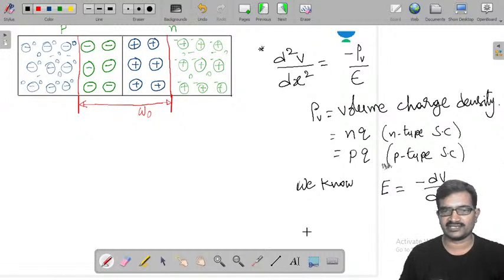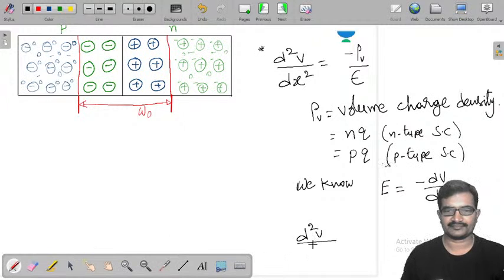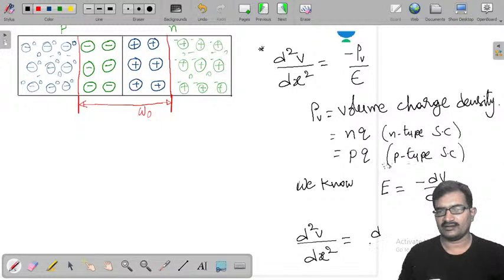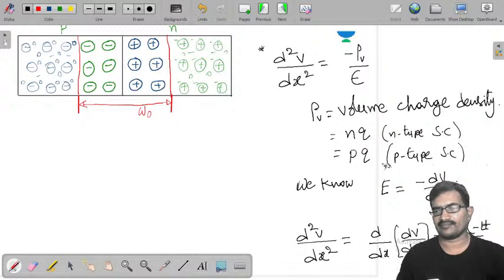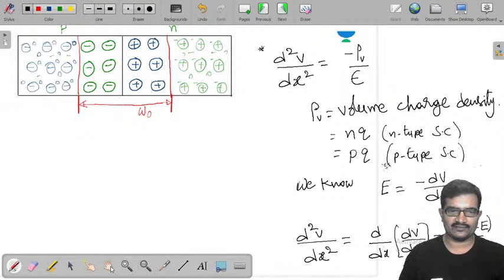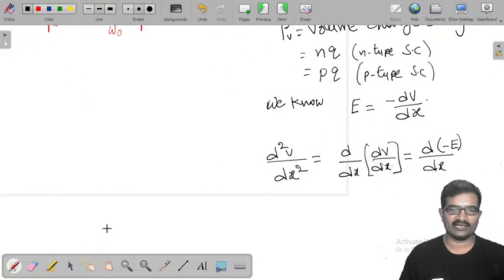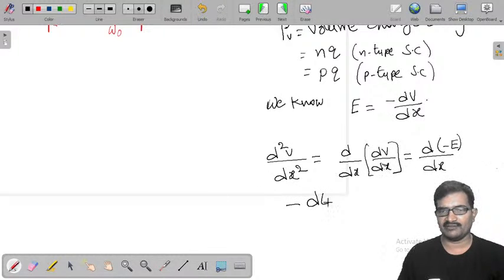Then we can write d square V by dx square as d by dx of dV by dx, which is now d by dx of minus E. Therefore, our final equation is minus dE by dx equals minus rho v by epsilon.